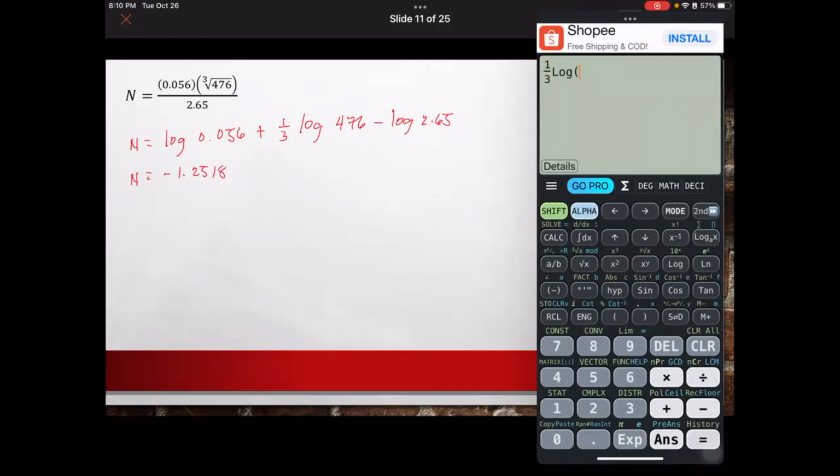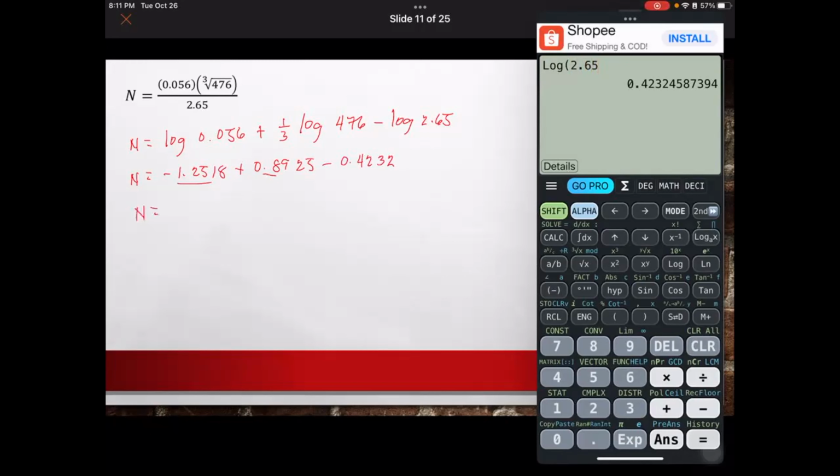Then, logarithm of 476, but this will be 0.8925. So, plus 0.8925. Then, minus, so logarithm of 2.65, answer will be 0.4232. Then, add lang natin, add, then minus.